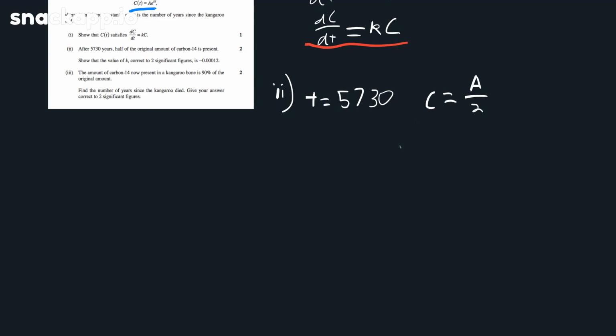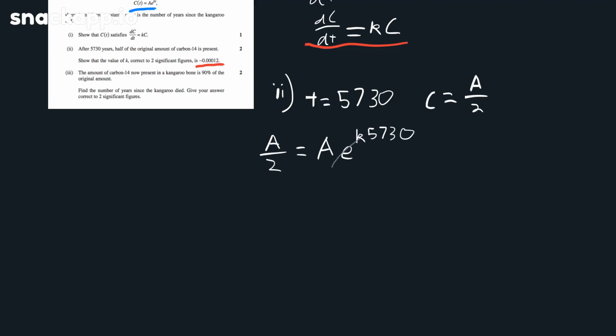It says show that the value of k correct to two significant figures is negative 0.00012. So I'm going to substitute these values into our original formula for C. So A on 2 should be equal to A, the initial amount, times e to the kT, and T is 5,730.